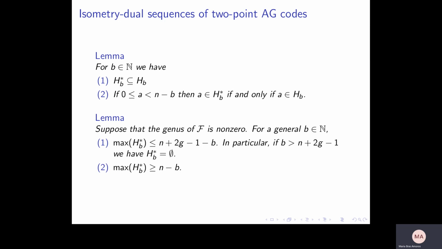The second lemma is related to this maximum of HB star, which we saw was between the lower and the upper diagonals. The first point of the lemma gives us the upper bound on the maximum of HB star, and the second point gives us the lower bound of HB star corresponding to the lower diagonal.